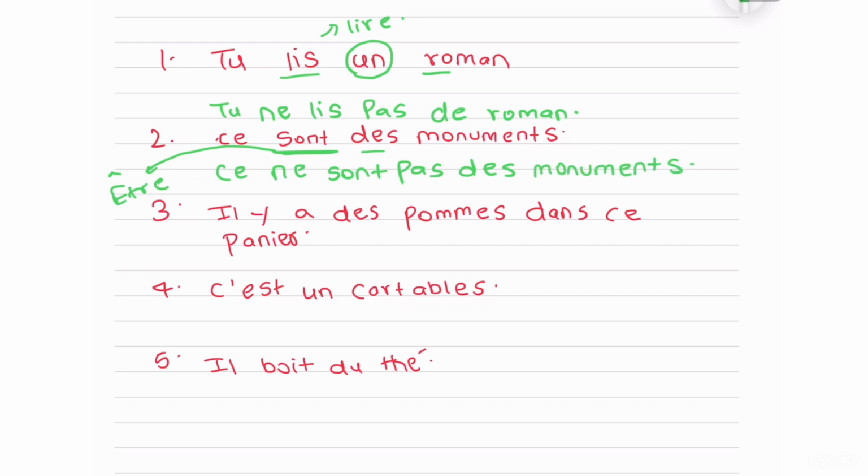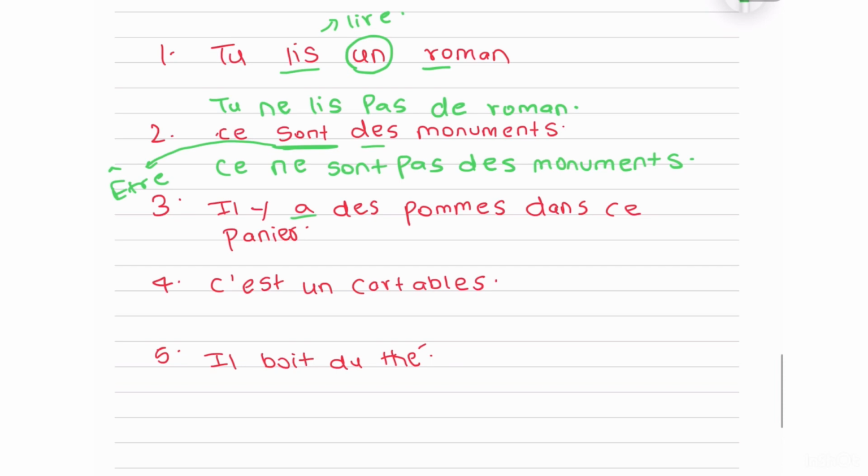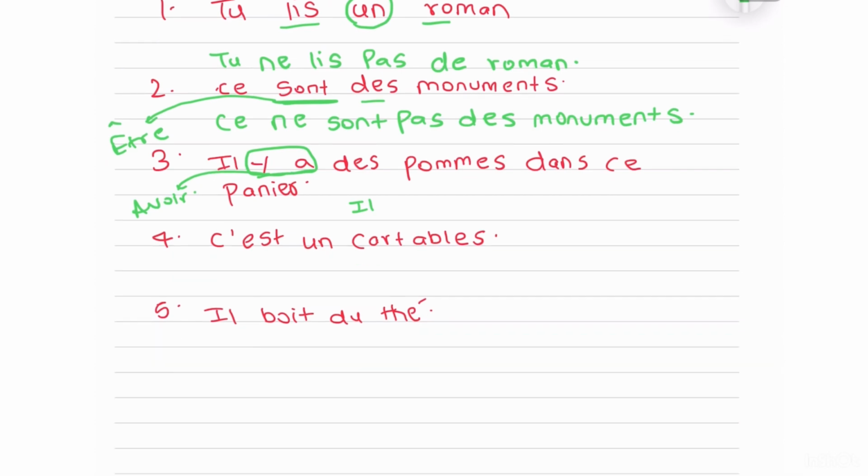Then third one I have, il y a des pommes dans ces paniers. That is, there are some apples in this basket. Now here my verb is a, which is the conjugation of avoir. So ne goes before it, pas goes after it. But here's the thing, for now you need to know that this y will also go with it. So generally mistakes are made here, right?